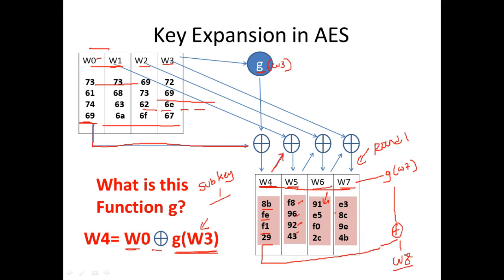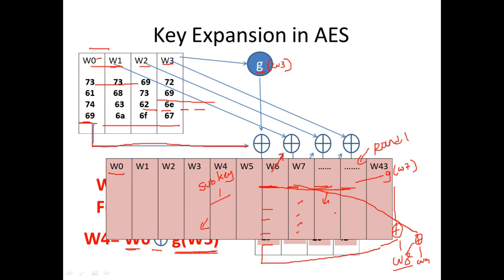Once you know W8, you XOR W8 with W5 to get W9. So you keep XORing the output with the next word so that you get the next word. Like that you go on achieving, starting from W0, up till W43.